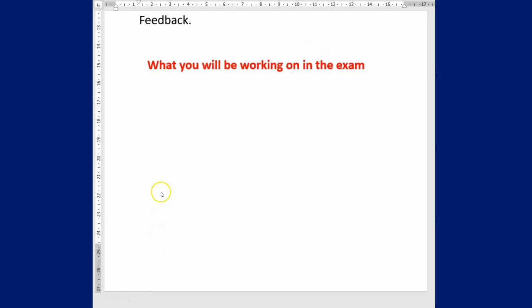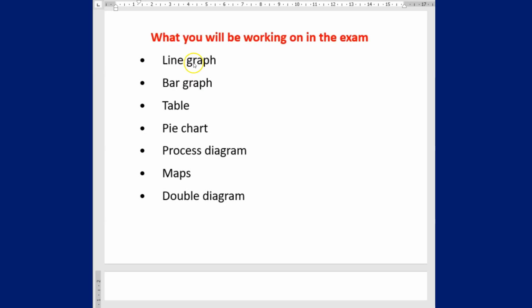Let's look at what you would be working on in the exam. In the test, you'll be given one graph, and you have to report on the graph that has been given to you. This picture or graph might be a line graph, bar graph, a table, a pie chart, process diagram, maps, or a combination of diagrams.